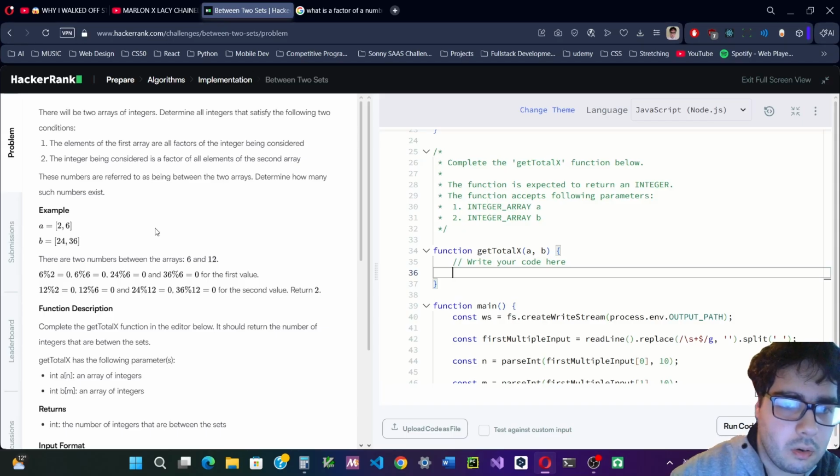So first array, all factors of the integer being considered.